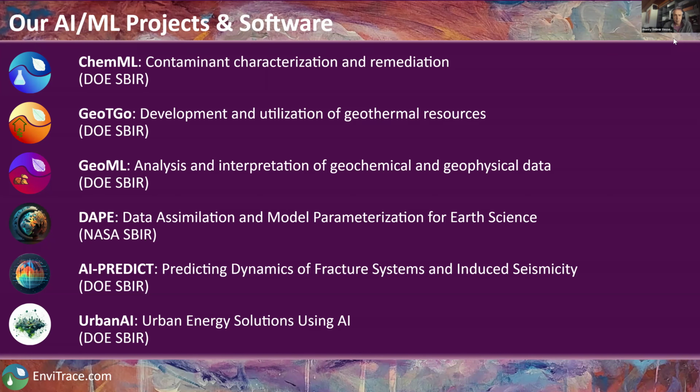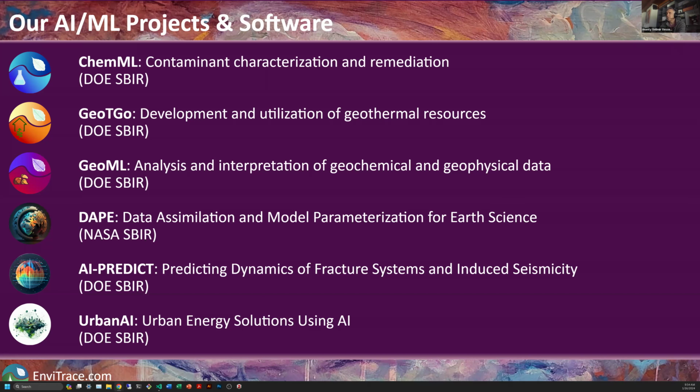We have the expertise to address these challenges, and we're just starting this project in February. And the last project that we're currently working on is related to energy solutions in urban settings, application of geothermal, solar, and various alternative renewable energy resources in urban settings. So these are our 6 major projects and software development goals.